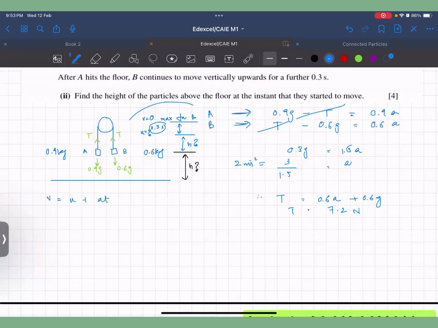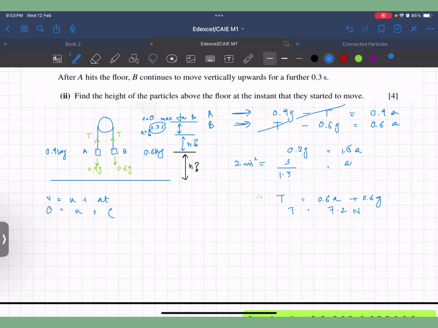And at this part of the situation, the string is slack. If you can recall, after A reaches the ground, B is going further up. So at that point, the string is slack, so there is only the force of gravity, acceleration due to gravity. So final velocity is 0. Initial we don't know.